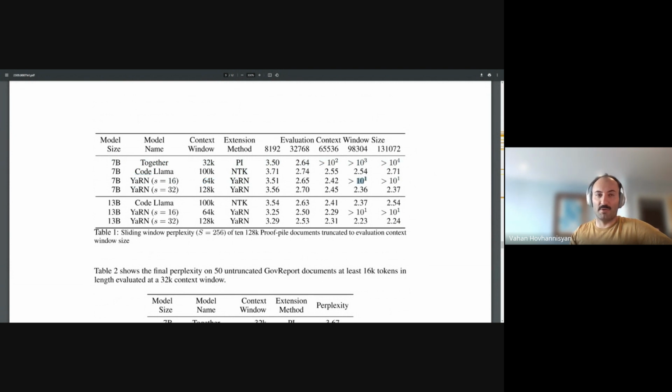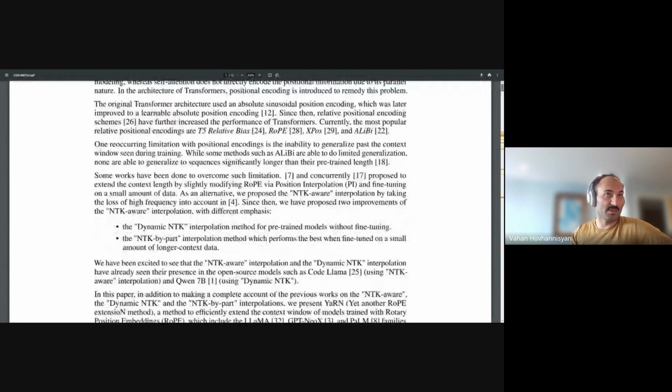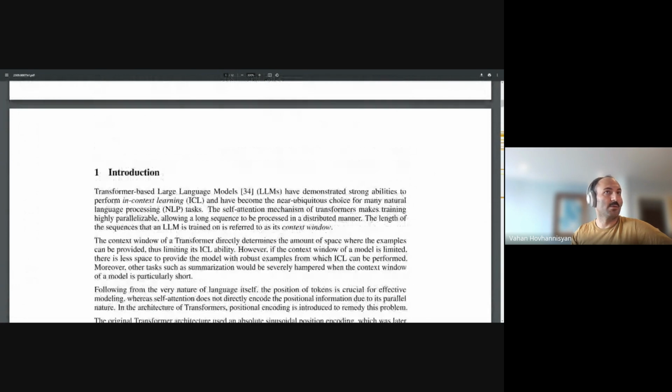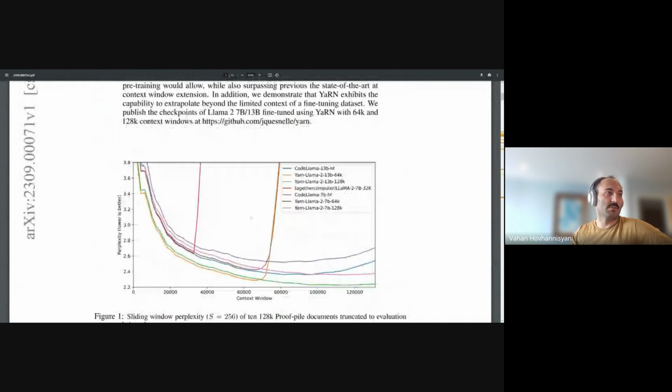This is from the curve we saw, right after it approaches the 100K mark, but it can still go just beyond 64K. Maybe it's better if you go back to the plot when we look at this table, because this plot is in that table.